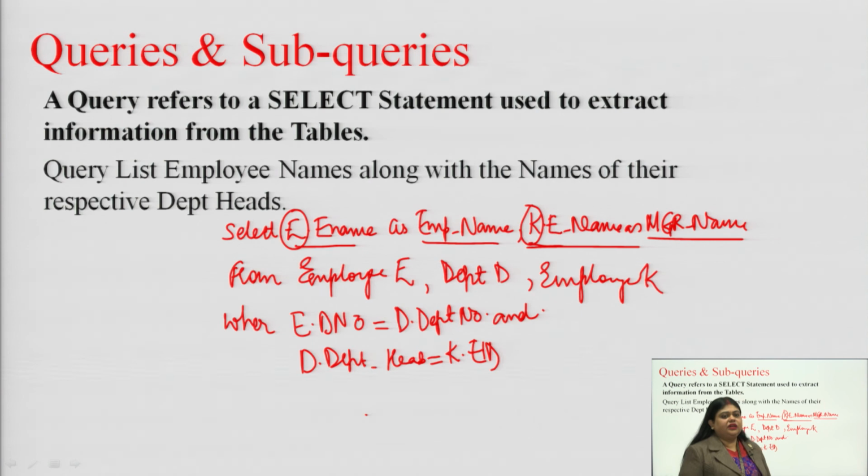So, what we have done is we have extracted the employee name from the table employee. We have used the renaming option where we are renaming the tables with a new name, we are renaming the attributes also, we are comparing the same table with itself, because you can see the employee table E and employee table K is being used to extract the information. So, this is how we use simple select statements.